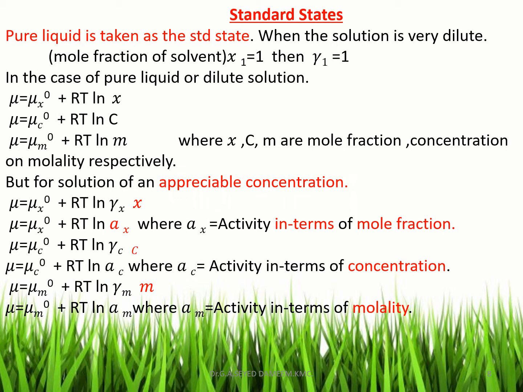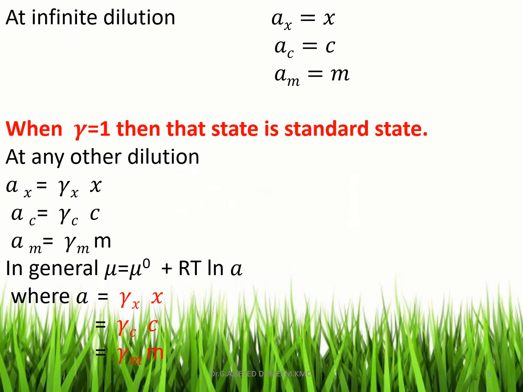Now Ax, Ac, Am are activities in terms of mole fraction, concentration, molality. At infinite dilution, Ax is equal to x, Ac is equal to c, Am is equal to m. In all these cases, gamma value is equal to 1. When gamma is equal to 1, that state is called the standard state.